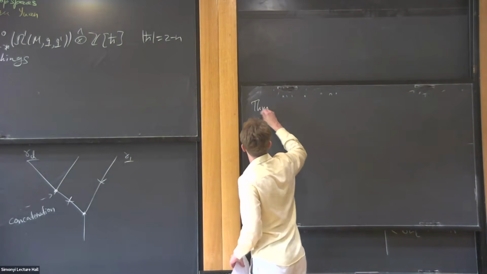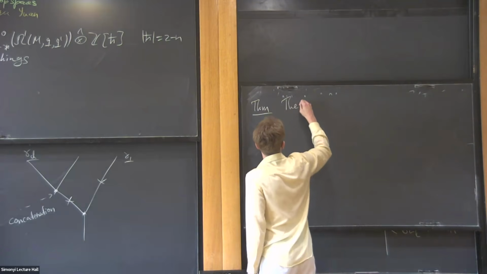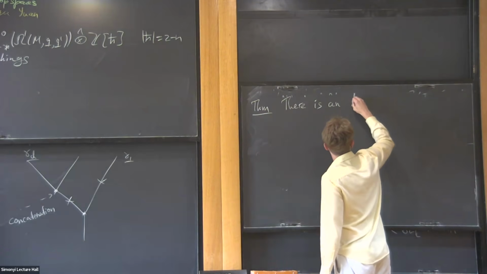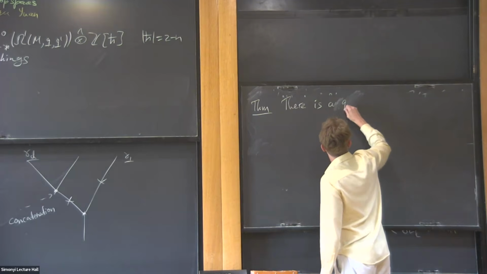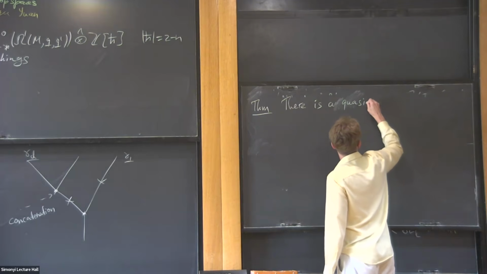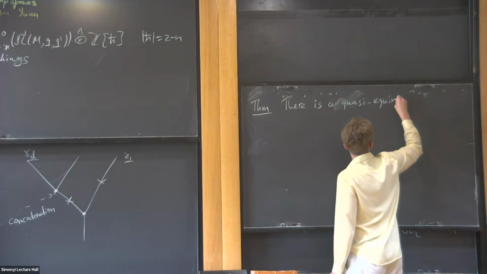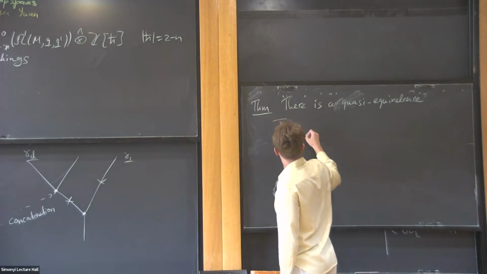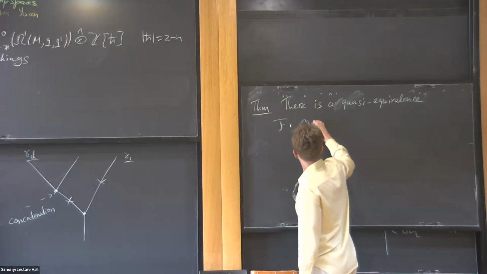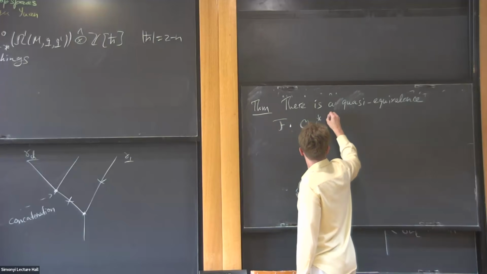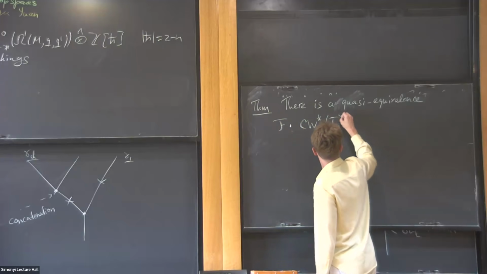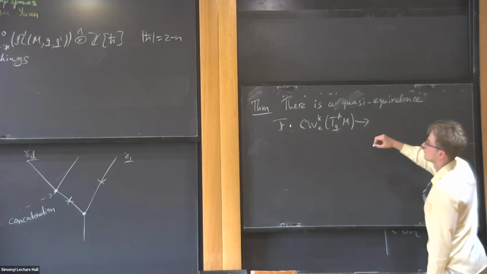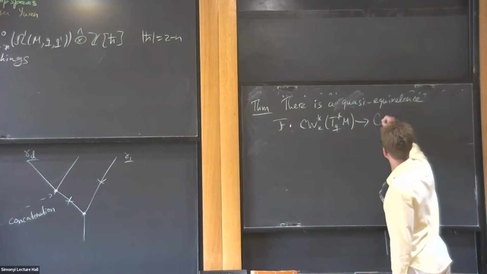Theorem: there is a quasi-equivalence from the Floer side to this Morse model.